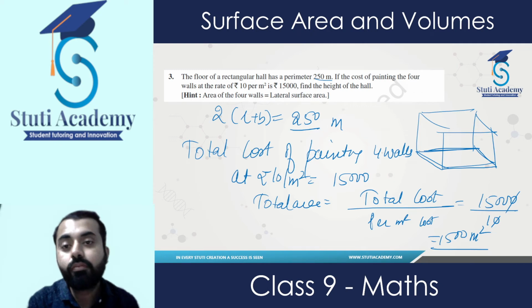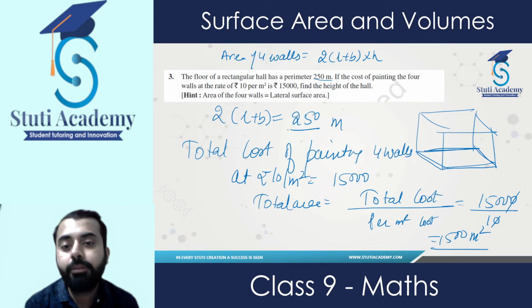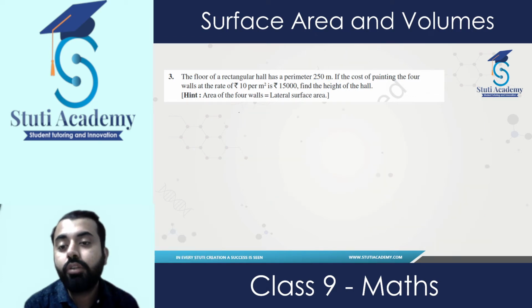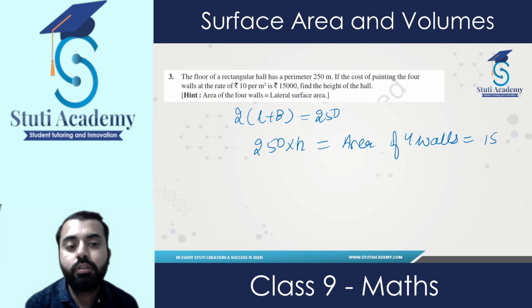Now I know area of 4 walls is perimeter of a rectangle multiplied by height. I know perimeter of the rectangle is 2 into (L plus B), which was 250, multiplied by H will be the area of 4 walls, which is 1500.